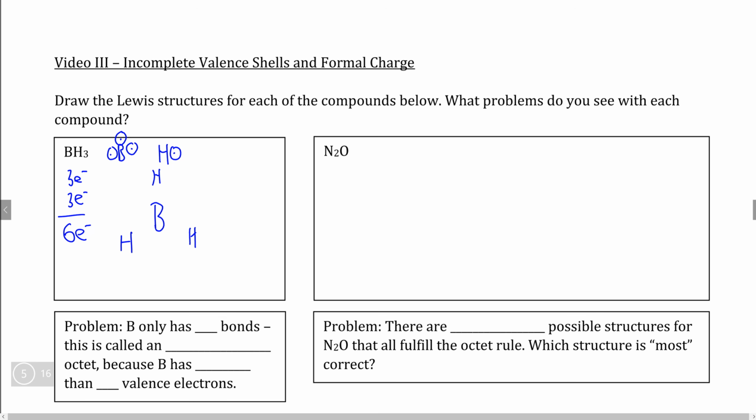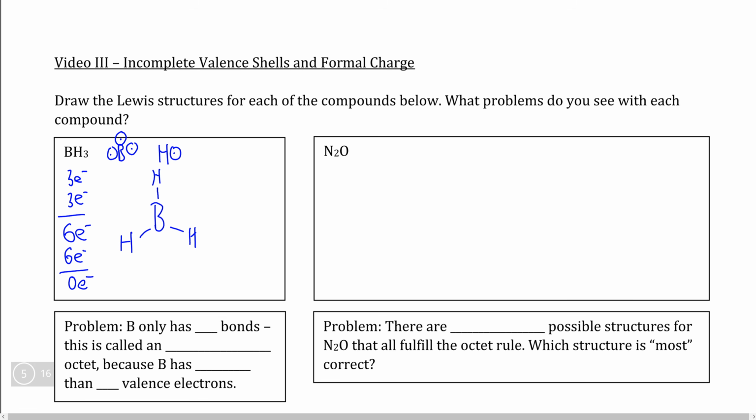So let's connect boron and hydrogen with single bonds, and we know that if there are 2 electrons per bond and 3 single bonds, we have just used 6 valence electrons, which means that we have none left, which means that we're finished the structure.